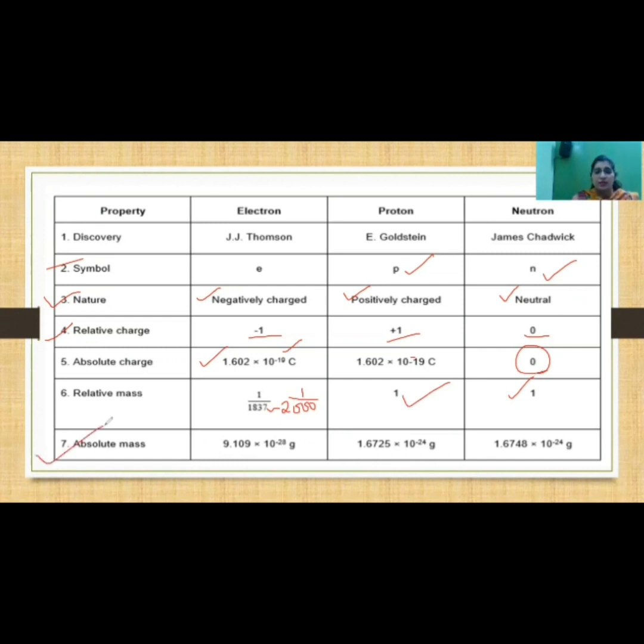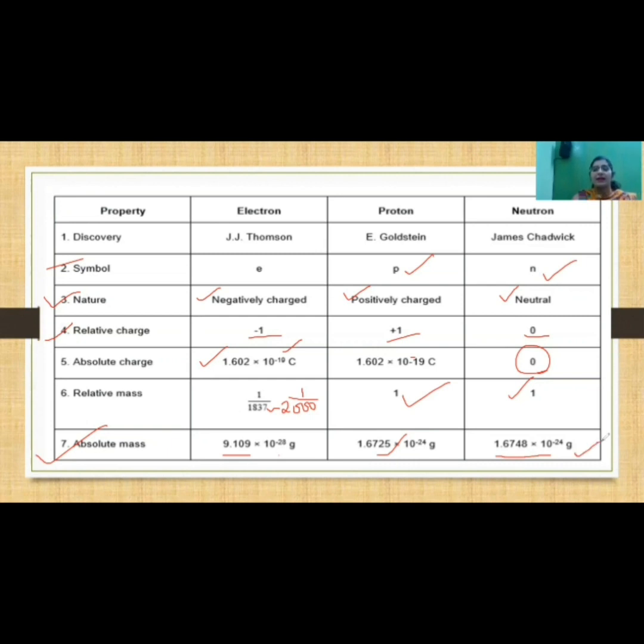And if we talk about the absolute mass of electron, proton, and neutron, the absolute mass of the electron is 9.109 × 10^-28 grams, whereas for the proton it is 1.6725 × 10^-24 grams, and for the neutron it is 1.6748 × 10^-24 grams.